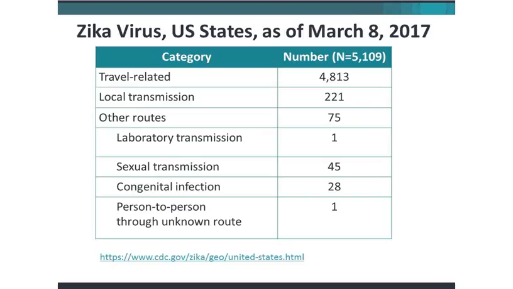Other routes of transmission, which include laboratory transmission, sexual transmission, congenital transmission, and a person through an unknown route, account for the remaining 75 cases that you see here. Next slide.